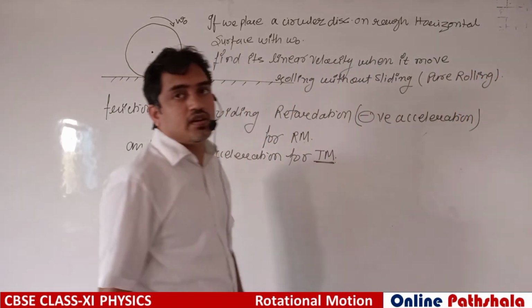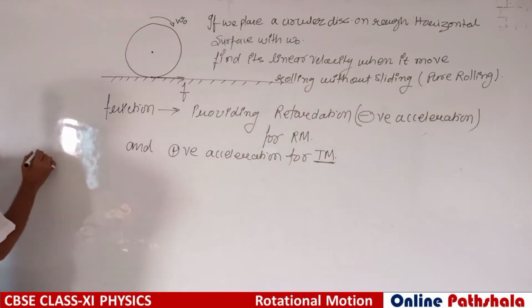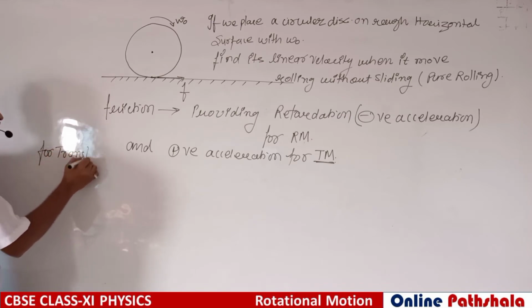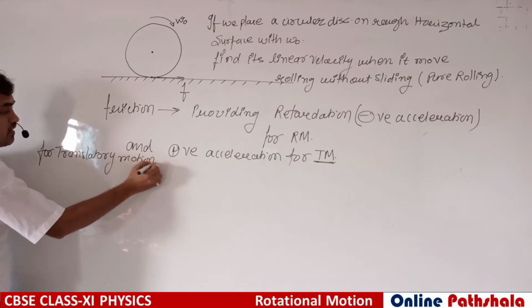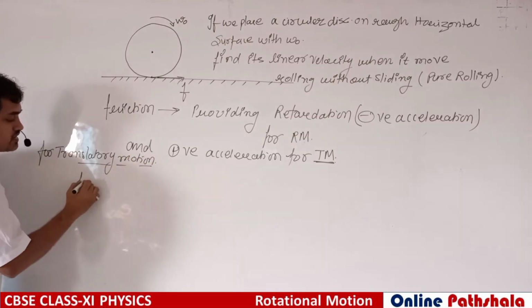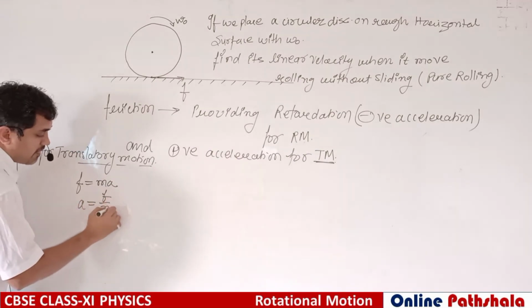So for translatory motion, F is equal to mass into acceleration, so acceleration is equal to F by m.